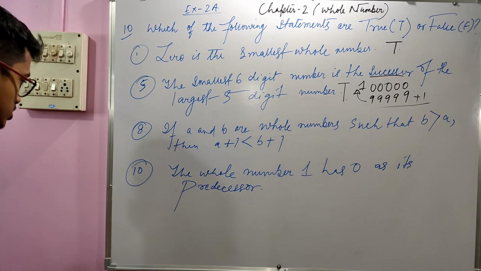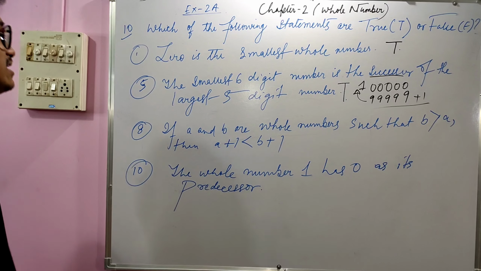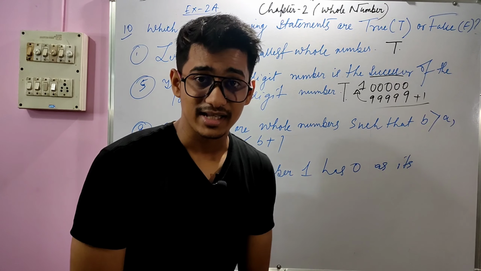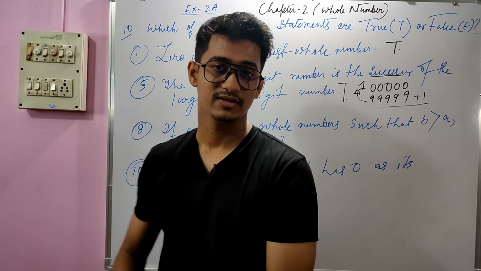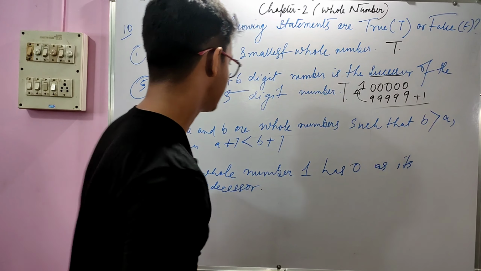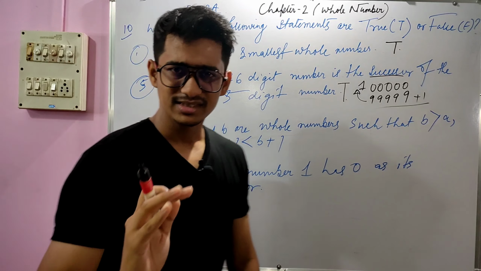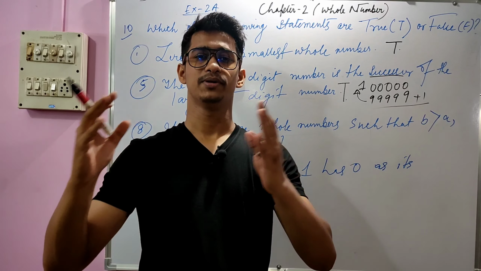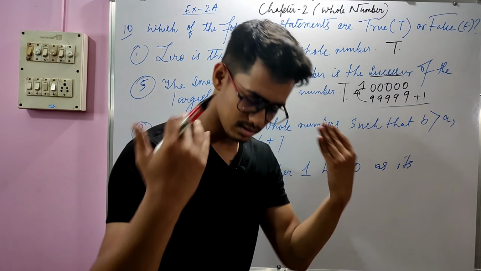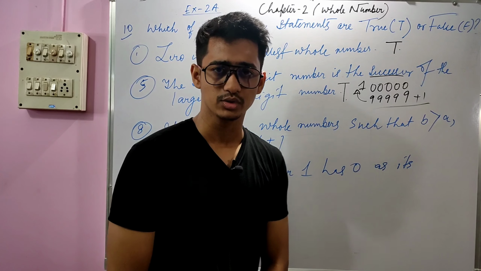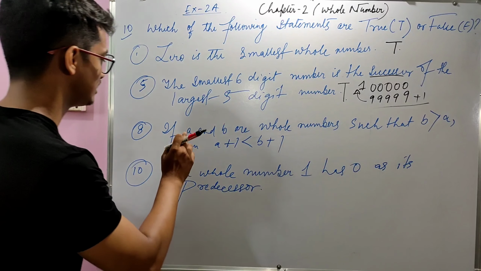Let me jump into question number 8. If A and B are whole numbers, it has not been defined whether it is 2, 3, 4, 5, 0 or whatever. A and B are arbitrary numbers, and we can represent A with 2, 3, 4, whatever we want.